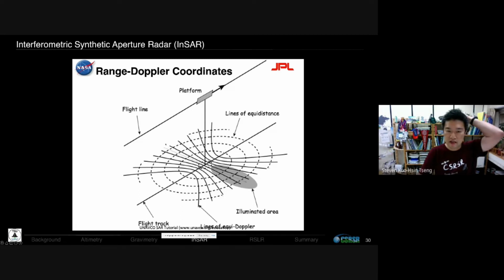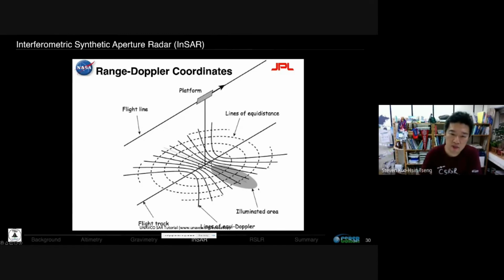So as I said, if this is the flight path, this is the so-called near range. This is the range direction. This is the so-called azimuth or flying direction. So the range resolution can be increased by detecting the time delay of the return signal. So we can know which signal belongs to which part along the range.